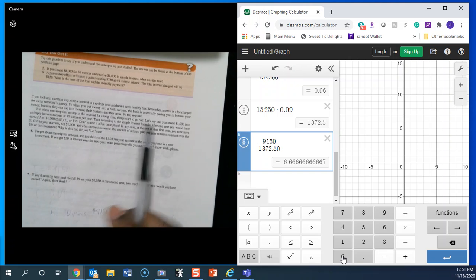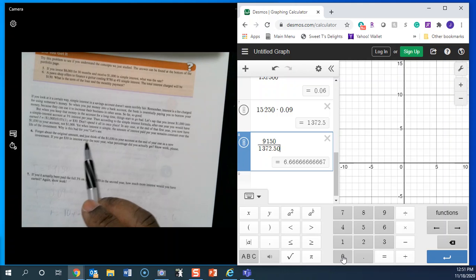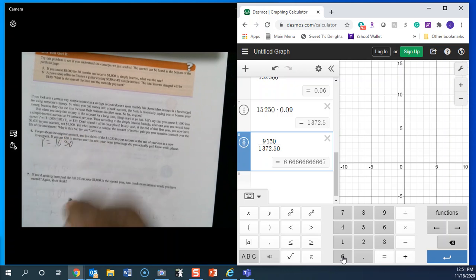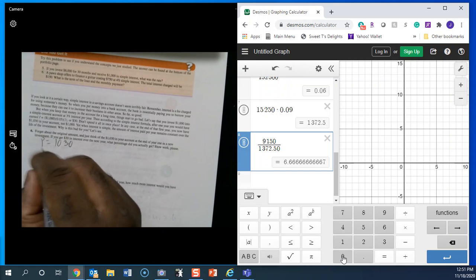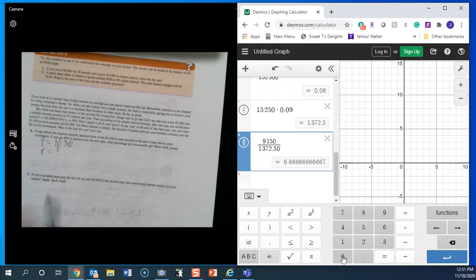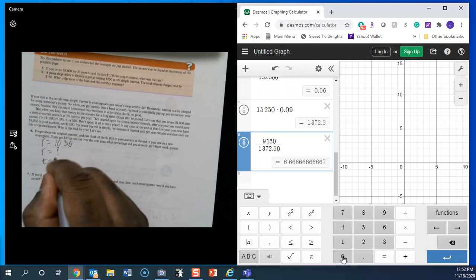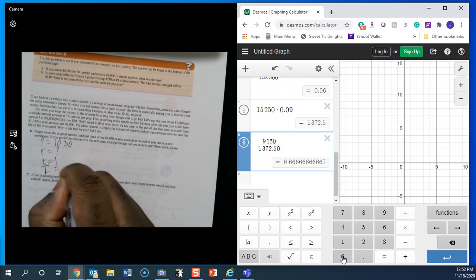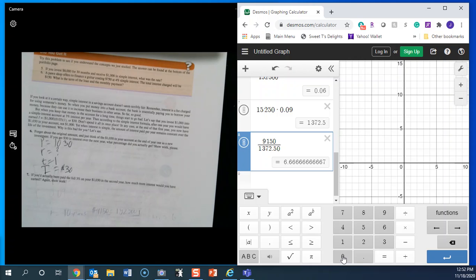Remember the $1,000 was at 3%. So now we're going to do the 1,030. Our principal will be 1,030. Our rate, we don't know. Our time would be 1 year, and our interest would be $30.